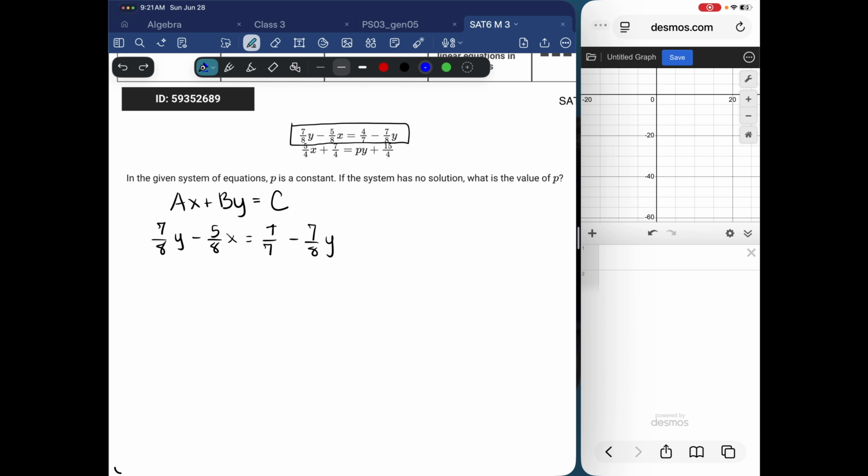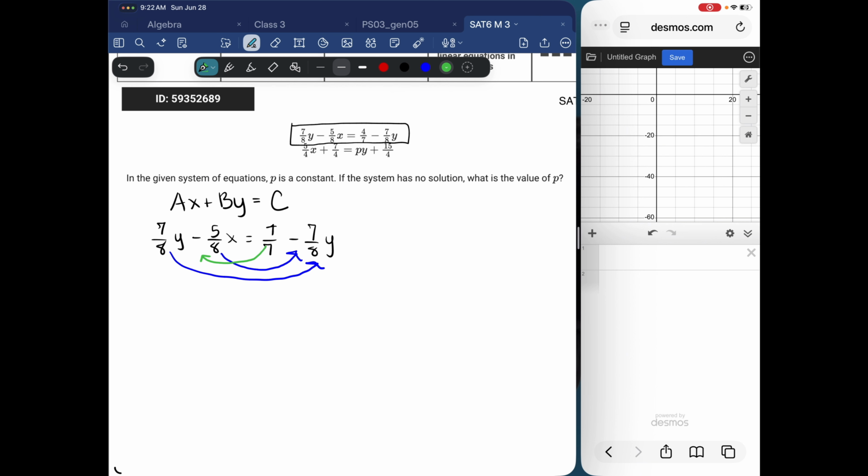So I'm going to move my a to this side so it's positive, and I want all my y terms on one side too. And this constant term needs to be on the opposite side of my a and b, so I'm going to move that over to this side. Essentially, if you're switching from one side of the equal sign to the other, the signs just change.